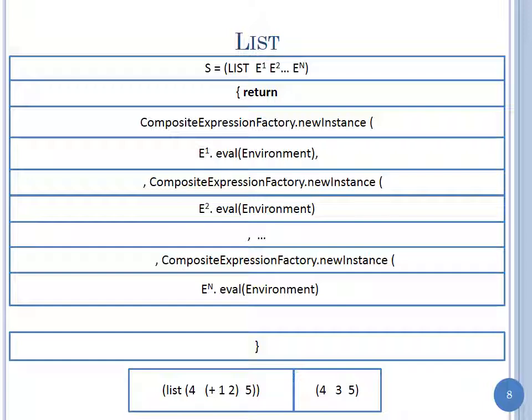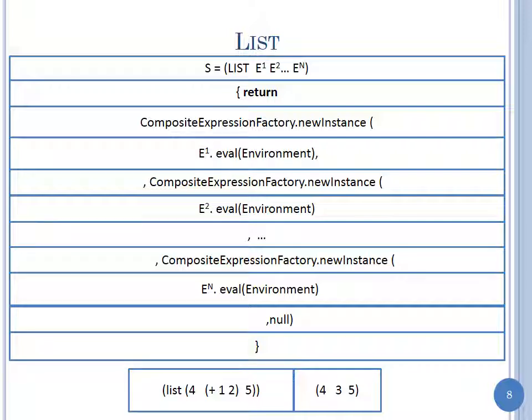And new instance takes two arguments. So we know that En.eval will be the first argument, and what will be the second argument of the last new instance? Null. So if you pass null, Java will not complain because null is an S expression.